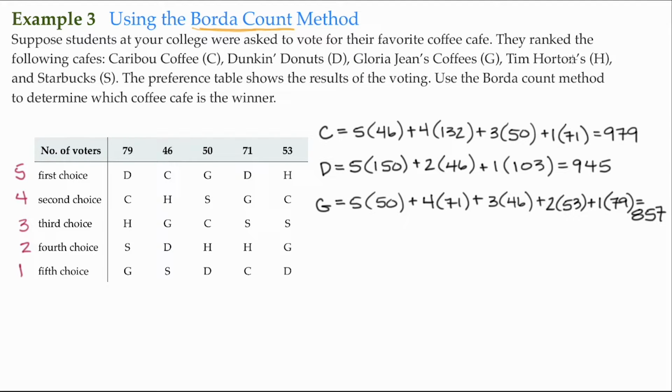Go down to the next candidate, Tim Hortons, that's H. 53, 5 times 53. And once you get in the habit of this, it goes quicker than what's going on here. 4 times 46. 3 times 79. 1571, it's 121. 2 times 121.